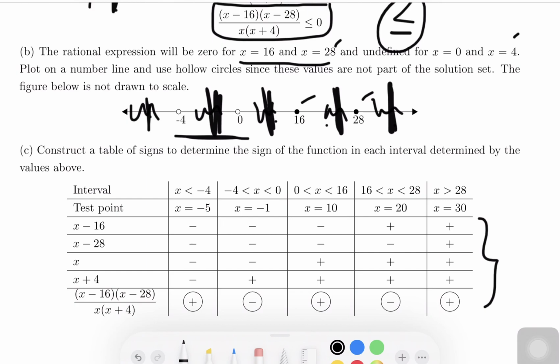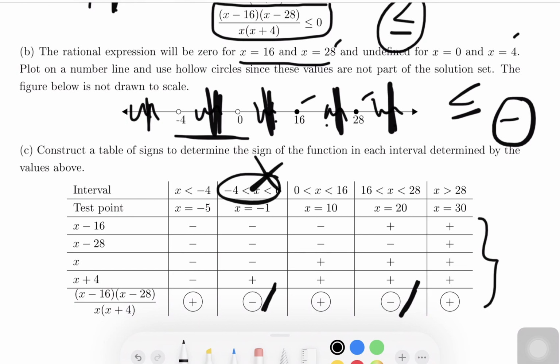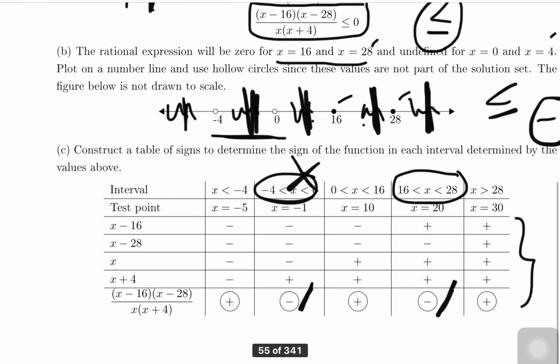Now, take note, after making your table, it is less than or equal, so it means we will use the minus sign. Okay, so for the minus sign, we only have 2 intervals. Since we're talking about a length of cloth, of course, this one cannot be. So, this will be our final answer.